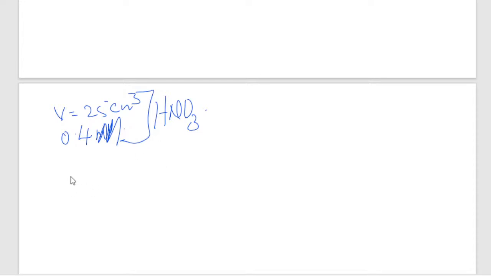So we're gonna say number of moles is equal to C times volume. We have different methods. You can use these generals, but first principles is still also fine. So number of moles here is gonna be equal to 0.4 times 25 divided by 1,000. So number of moles here, when you do it in the calculator, is gonna be 0.01.